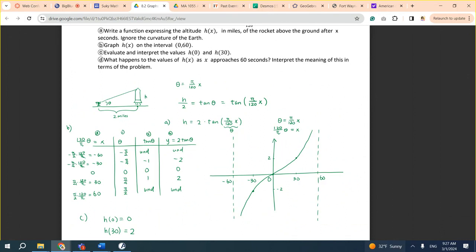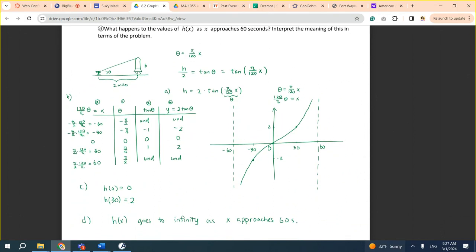And D: what happens to the values of h as x approaches 60 seconds? As x approaches 60, you're approaching the vertical asymptote, so y goes to infinity. This is an application problem, but the idea is that once we learn how to graph, we can look at the graph and figure out the rest. Any questions about this example?